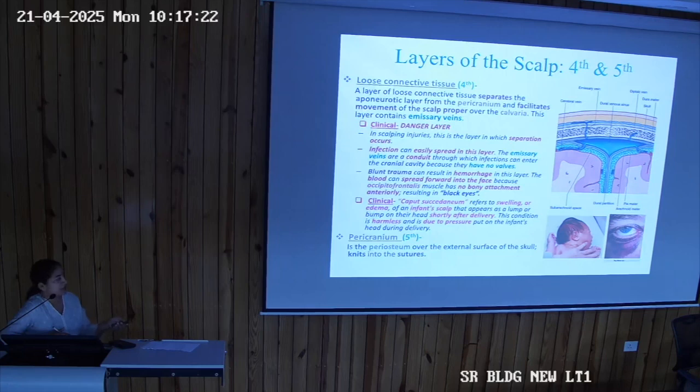This condition is known as caput succedaneum. Though it is a non-fatal condition, it arises because of the vacuum that has been created over the head of the fetus during the delivery. The next layer is the pericranium, which is the periosteum.